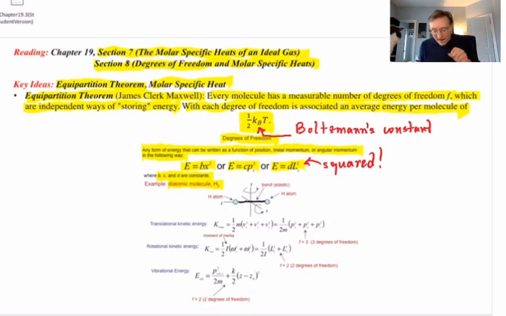Okay? And I have drawn the hydrogen molecule in this dumbbell picture with the bond along a z-axis, and then an x-axis perpendicular to the bond, and a y-axis perpendicular to the bond.